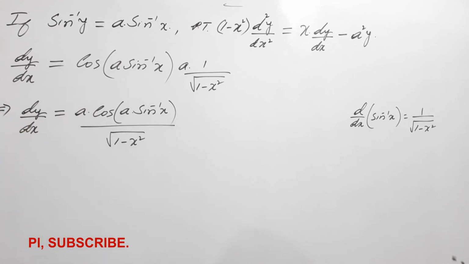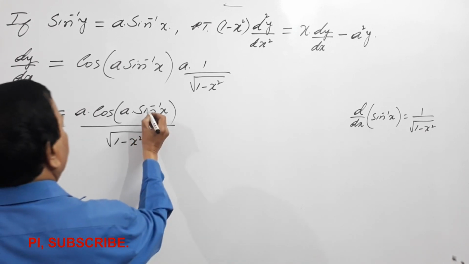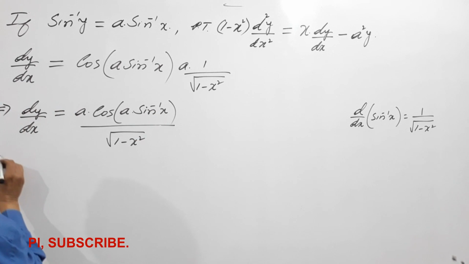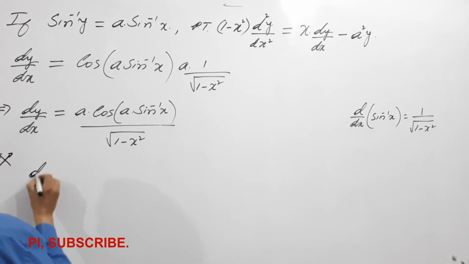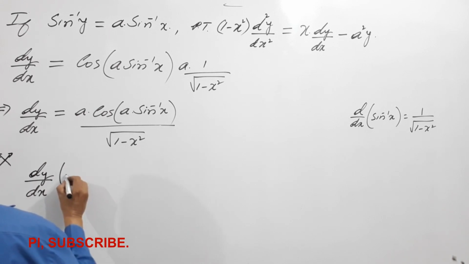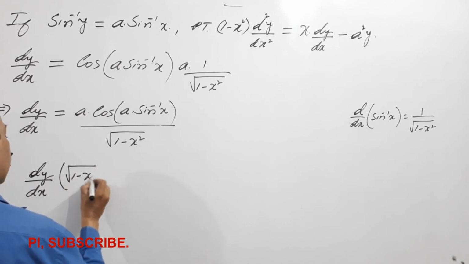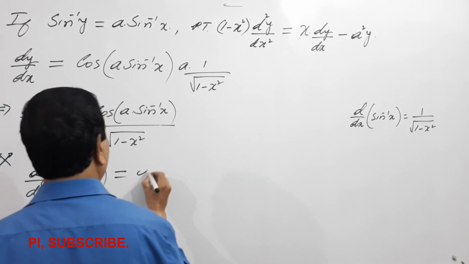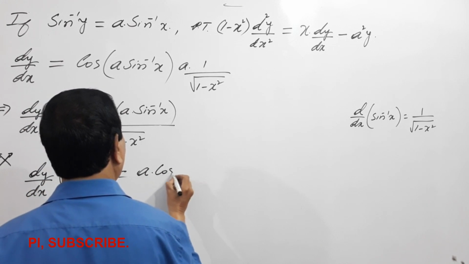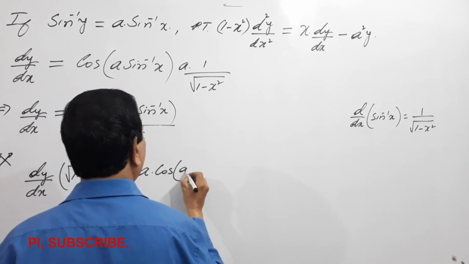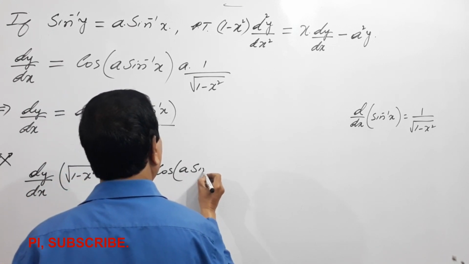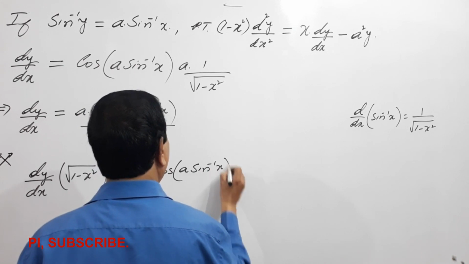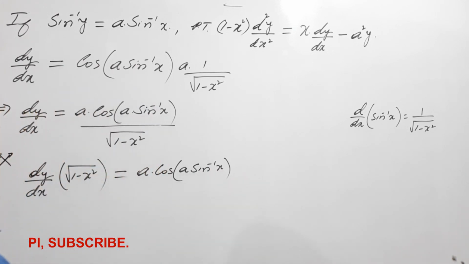Now what I'll do is, I'll try to cross multiply. So that is dy by dx into under the root 1 minus x square equals a into cos of a sin inverse x, isn't it?